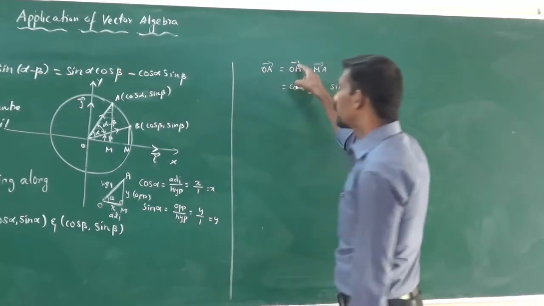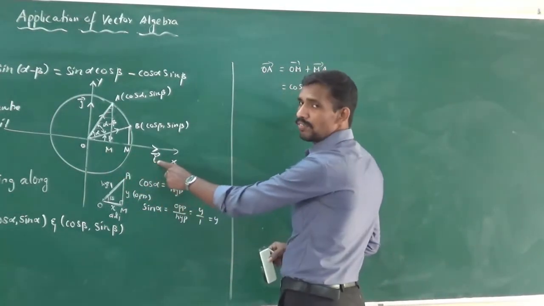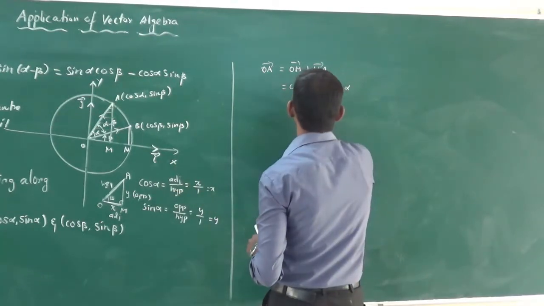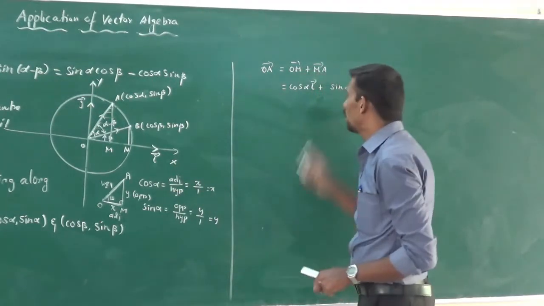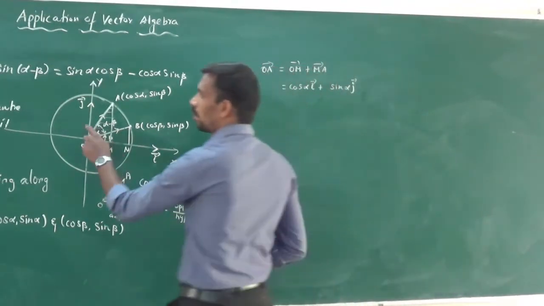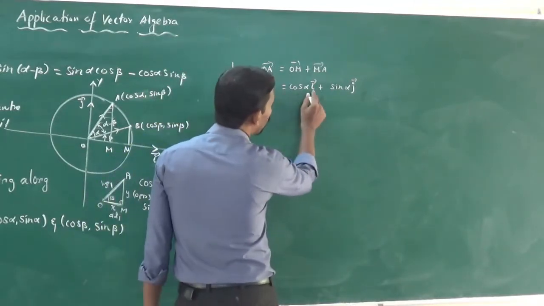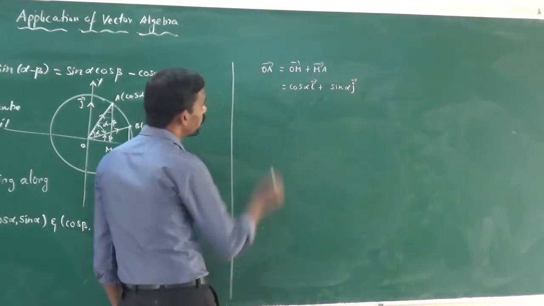But now we are representing in vector form, right? So the OM vector is along the i vector, the horizontal unit vector is i. In the same way, vertically along the y axis, the j vector acts along the y axis. So we represent it as cos alpha i vector plus sin alpha j vector.